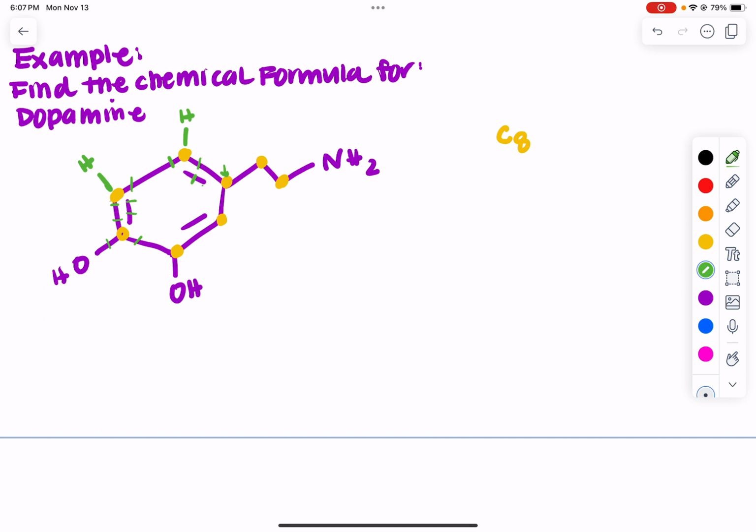Here we have 1, 2, 3, 4, so we're good here. Here we have 1, 2, 3. So we need to add 1 more here, 1 more here. At this carbon, we need 2 hydrogens to satisfy its octet, and here we need 2.